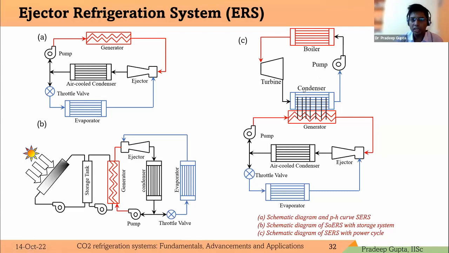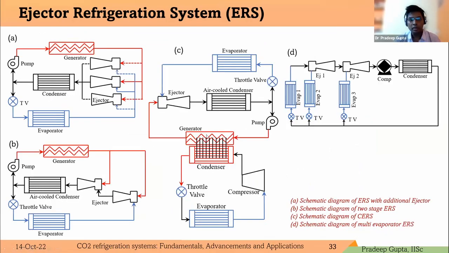So these are utilizations of waste heat to drive the refrigeration system. Here we are utilizing the heat rejected from another vapor compression cycle to drive the evaporator. In this diagram, the ejector is used in series. The performance of these systems I'll explain in the following slide.